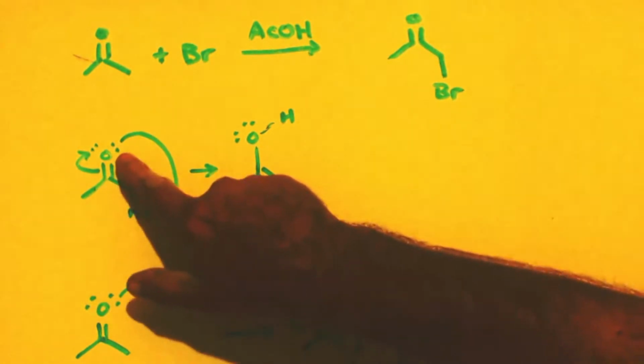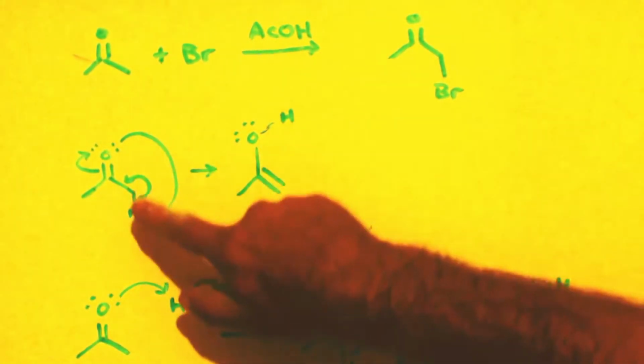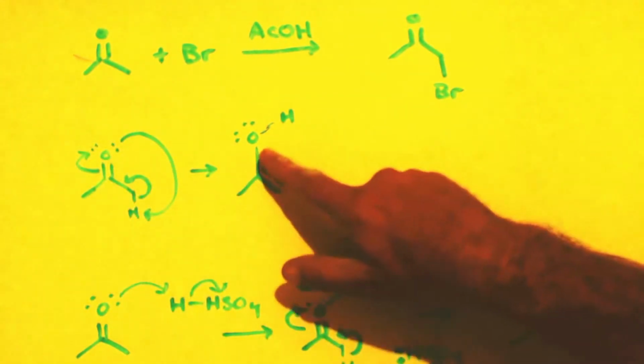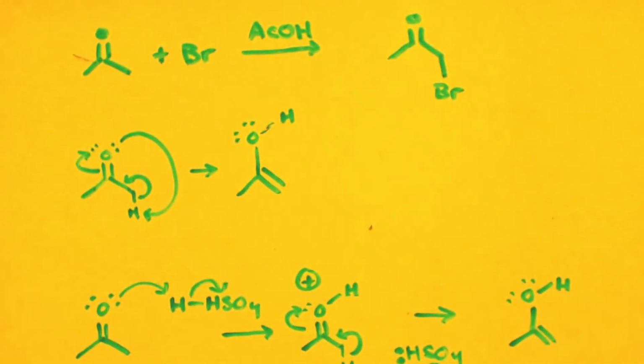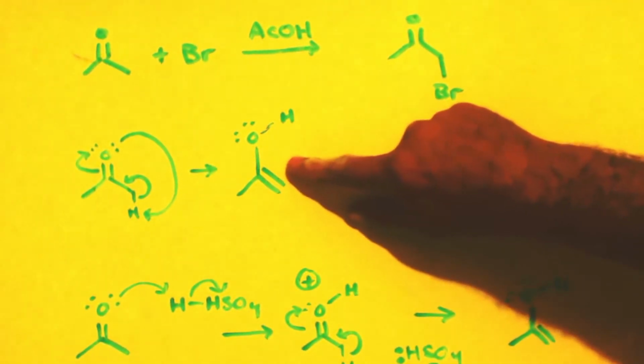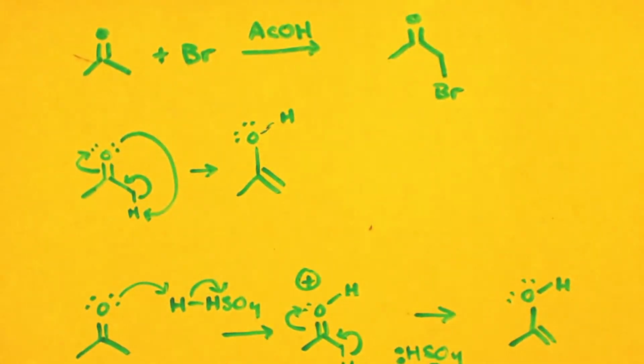Actually, the electrons here go to here, and these electrons go down to make the double bond. So you have a neutral enol, okay? So it's an alkene and an alcohol, an enol.